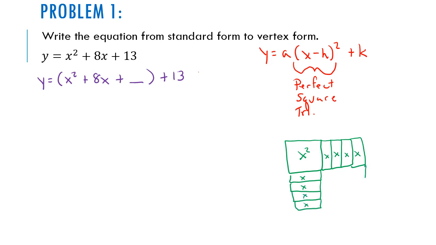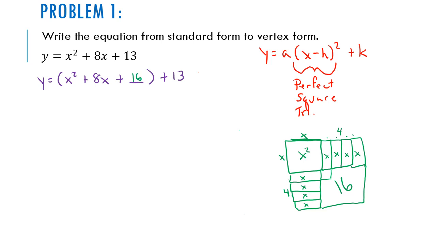Which raises the question, how many little tiny boxes do I need in here? Well, if this is 1, 2, 3, 4, and this length right here is x, this length is x, 1, 2, 3, 4, then 4 times 4 is 16 of those little boxes. Well, that's the 16 I need here.